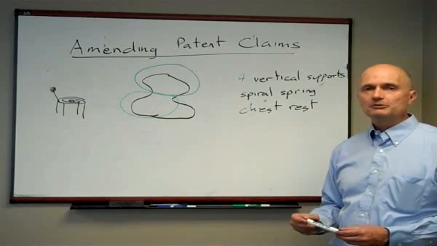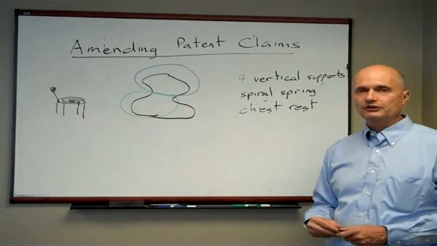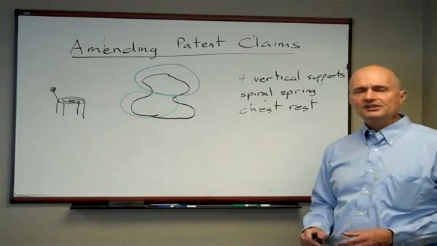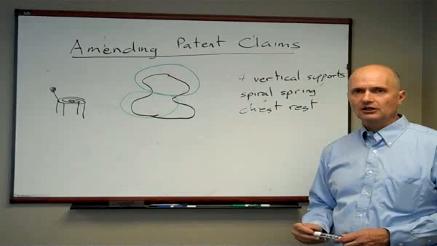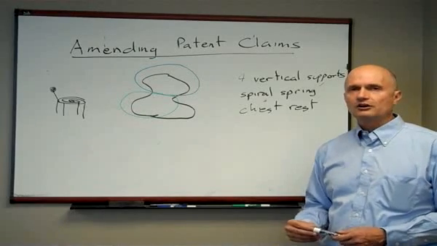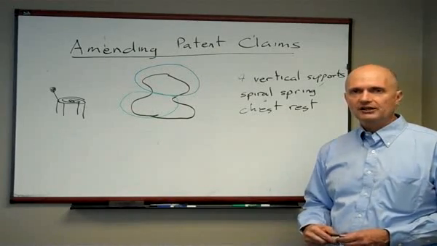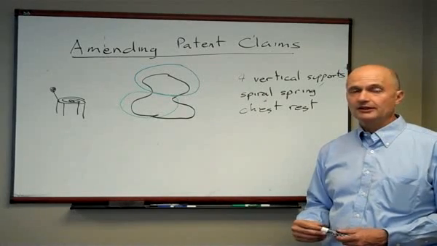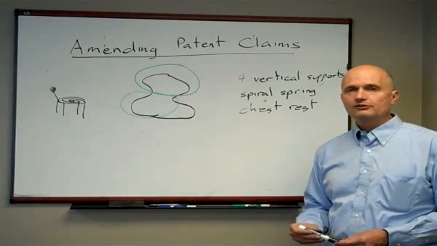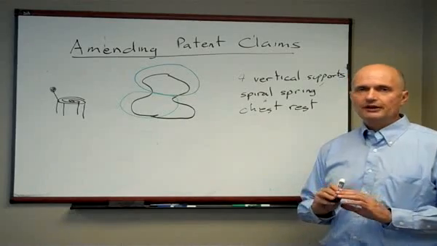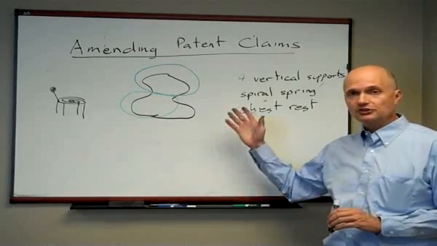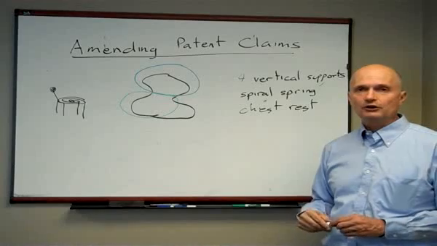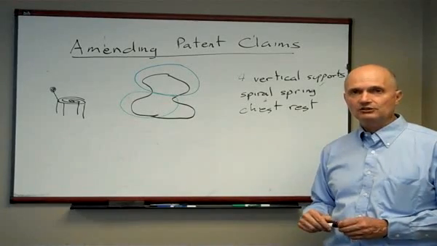Now, there's some international implications of this as well. In the United States, it's very easy to amend claims. Other countries aren't so easy. For example, in China, it is much more difficult to have amendments to your patent claims allowed. Often you have to be able to show the examiner that the exact wording that you want to change the claim to is already there, supported in your specification.